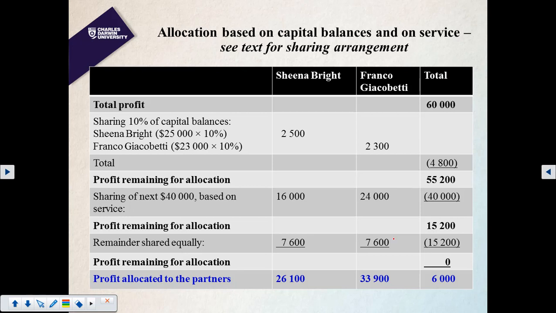How? First of all, she's getting 2,500, and 2,300 is Franco's. That's simple. 16,000, and then the remaining money is 7,600. Very good. So all together it is going to be 26,100 and 33,900. So the total is going to be $60,000.